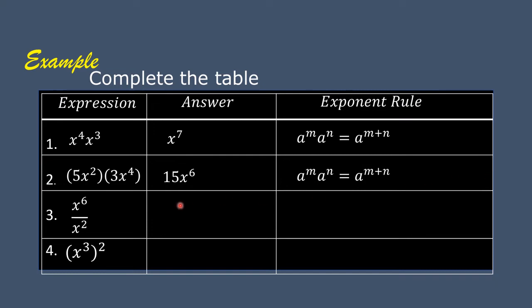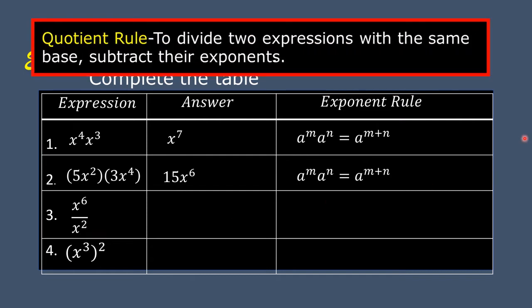Number 3, x raised to the exponent of 6 divided by x squared. According to the quotient rule, to divide two expressions with the same base, subtract their exponents. So we subtract 2 from 6. 6 minus 2 is 4.